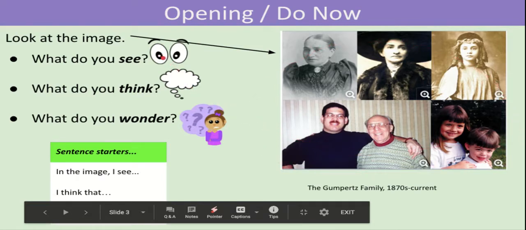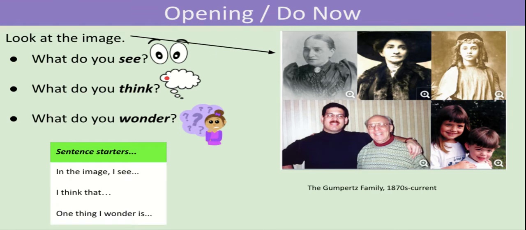So what do you see? What do you think? What do you wonder? Students, go ahead and pause the video now and complete these questions wherever your teacher would like you to.